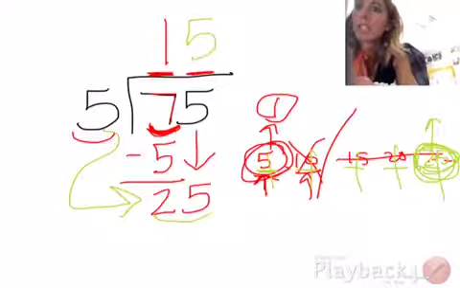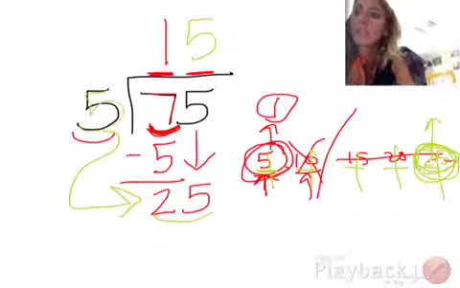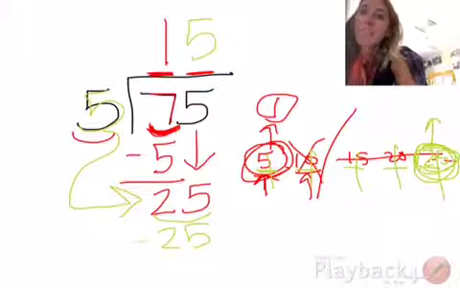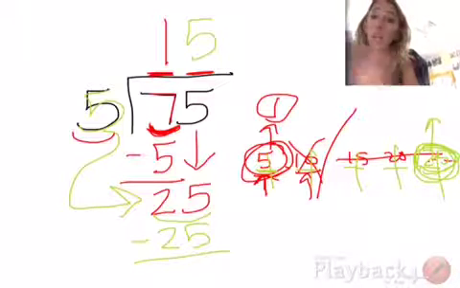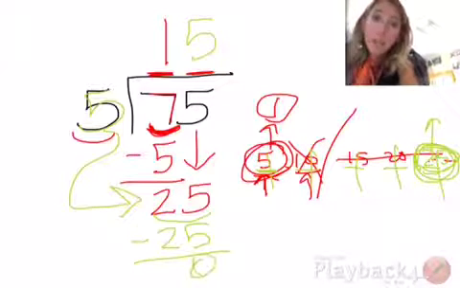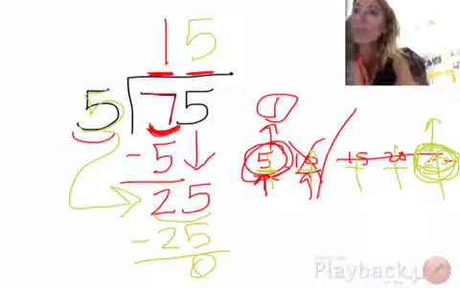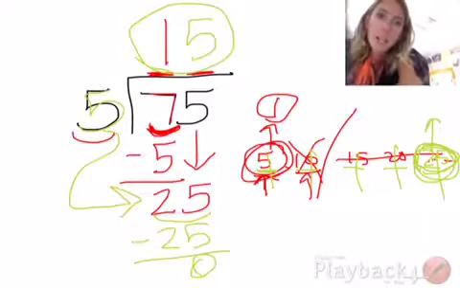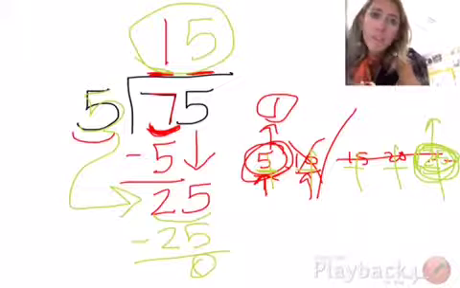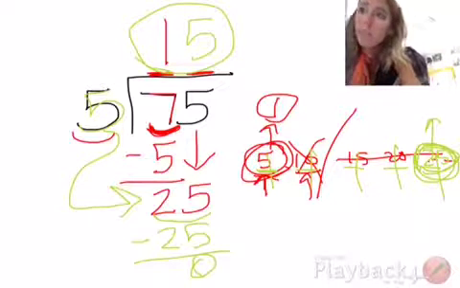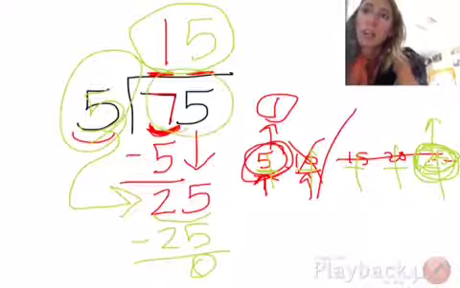Because 5 times 5 gives you 25. And we are left over with no remainder. Okay? So here is our quotient. This is our answer to that division problem. 15. There were 15 groups of 5 in the number 75.